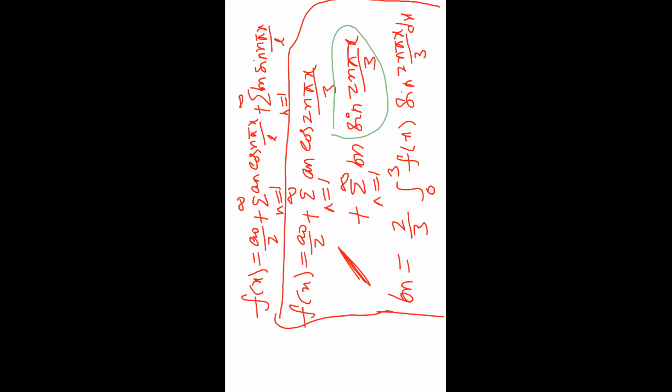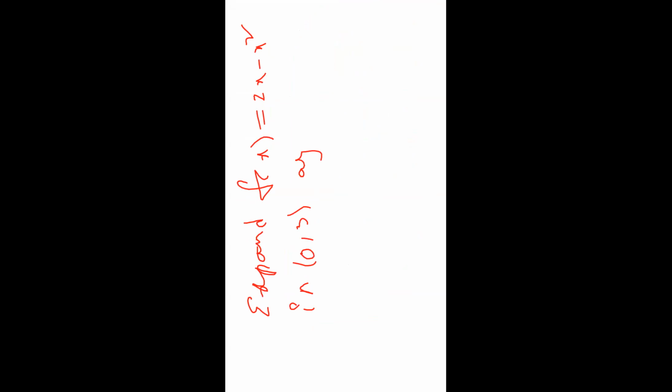So the problem is: expand f of x equal to 2x minus x square in the limits 0 comma 3 as a Fourier series.